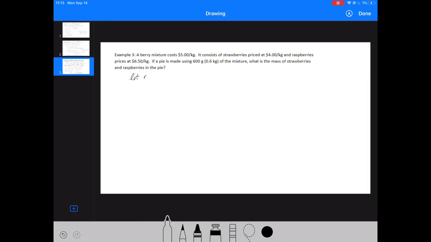So let's let R represent the number of kilograms of raspberries, and let's let T represent the number of kilograms of strawberries.